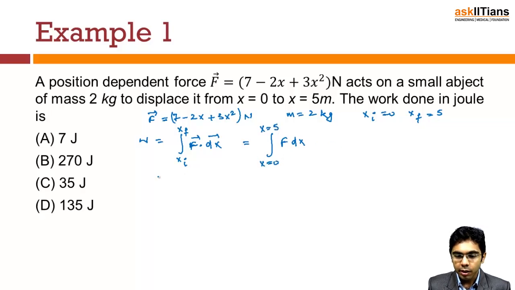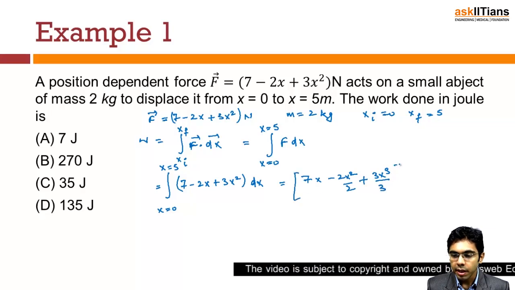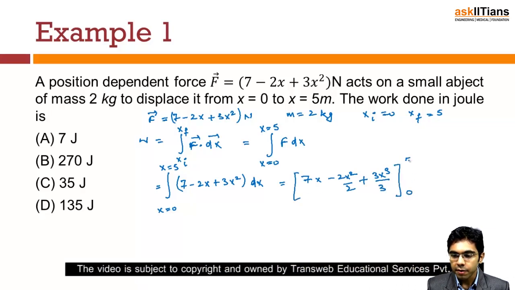So this will come out to be the integration of (7 minus 2x plus 3x square) dx from x equals 0 to x equals 5. We get 7x minus 2x square divided by 2 plus 3x cube divided by 3, with the limits 0 to 5.